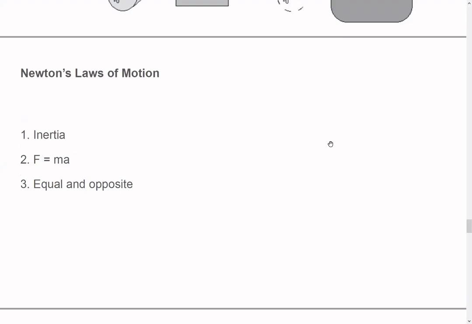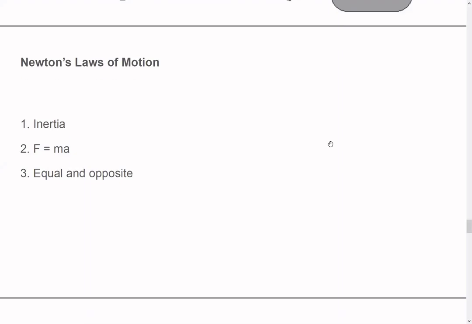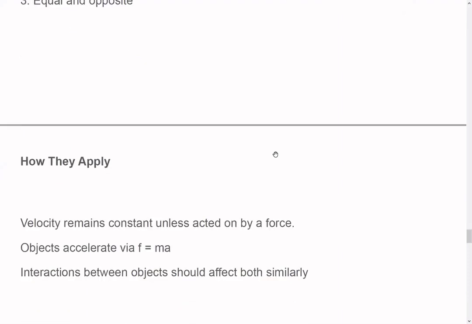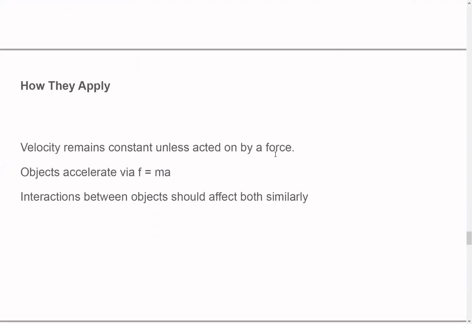Now we come to Newton's laws of motion. We'll be talking about inertia, F equals ma, and equal and opposite reaction. So how do these Newton's laws of motion apply? Well, the velocity remains the same unless a force is applied to an object.